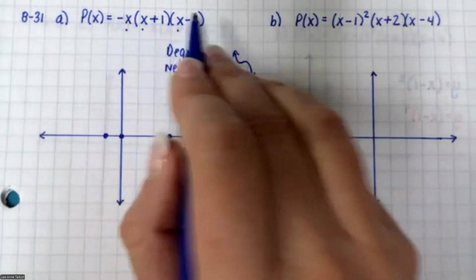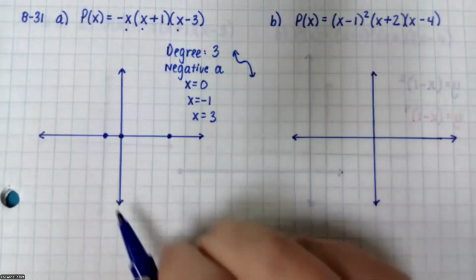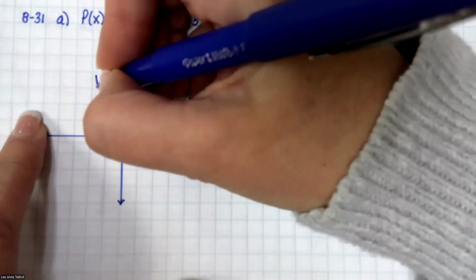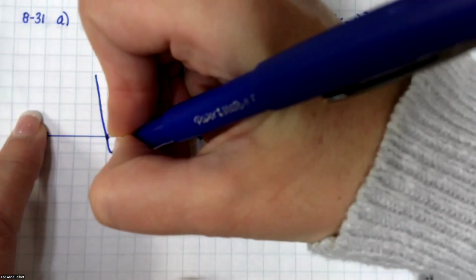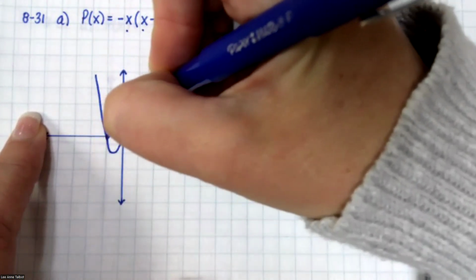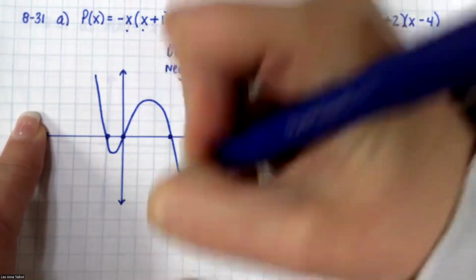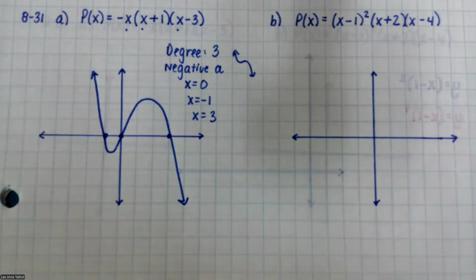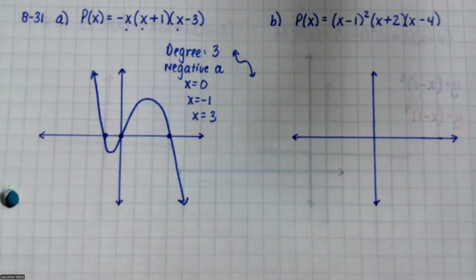There's no exponents on any of these, so I'm just going to go straight through the x-axis. It's telling me to start high. So start high, single root goes through, single root goes through, single root goes through, done. Do I care about the height of the bumps? No, I don't have a graphing calculator, so I'm just sketching it.